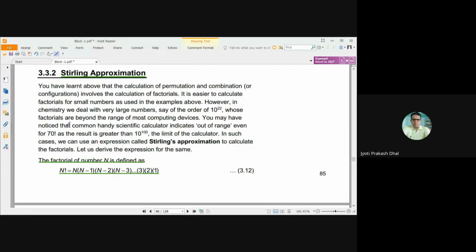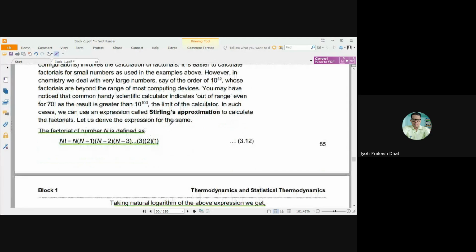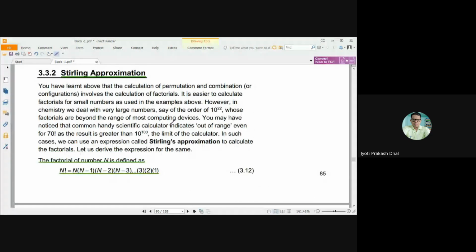So here we will go for Stirling's approximation, the derivation of Stirling's approximation. It is easier to calculate the factorial of small numbers as used in the example above.